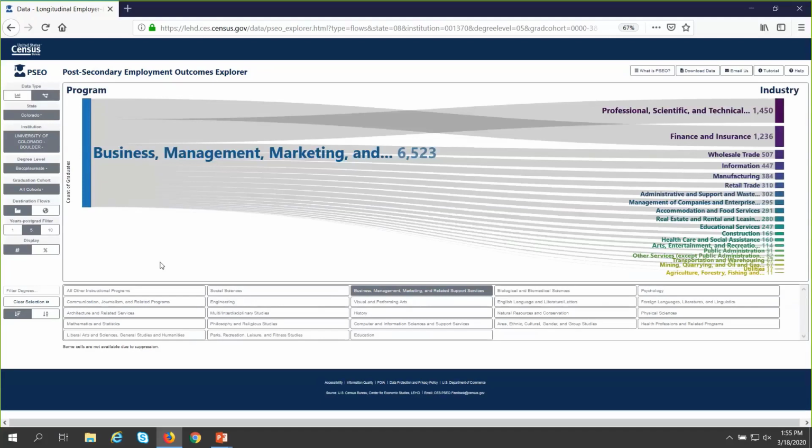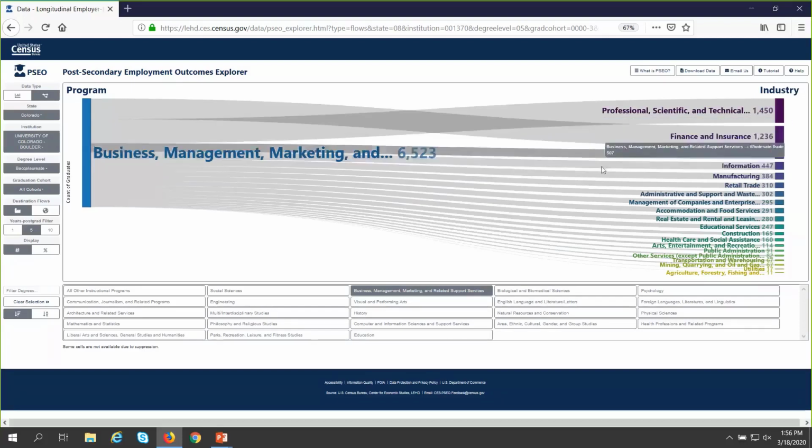And you can see here that 1 or 5 years after graduation, this is the count of individuals that are employed. 6,523 of all the graduates are employed 5 years after graduation. And they're pretty widely dispersed, but the largest ones are professional science and technical services, as well as finance and insurance.